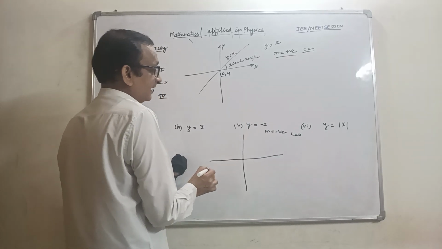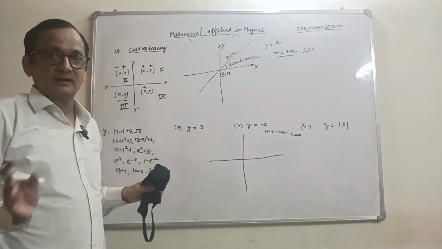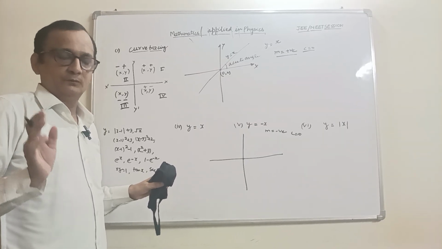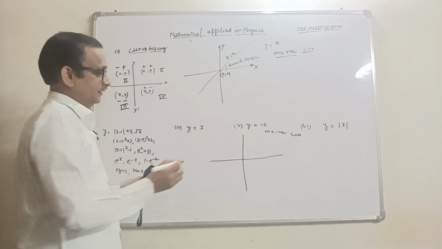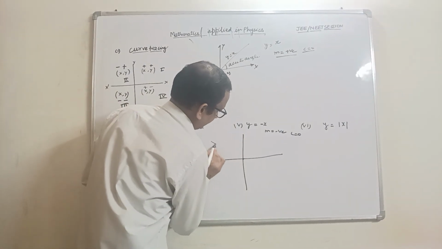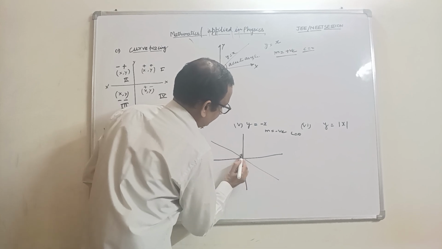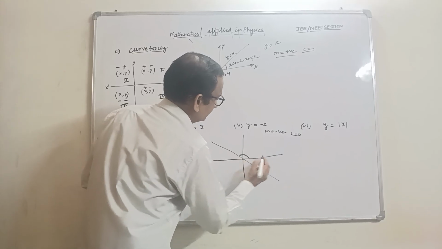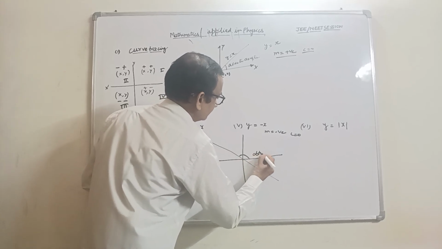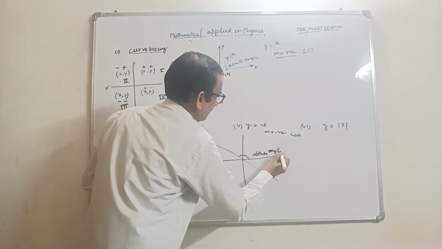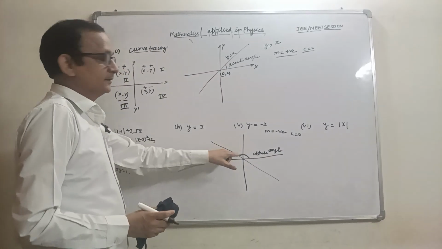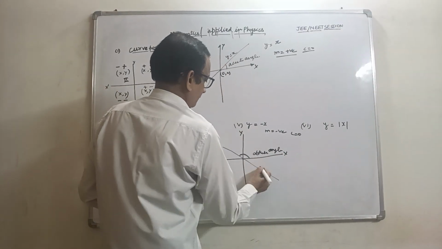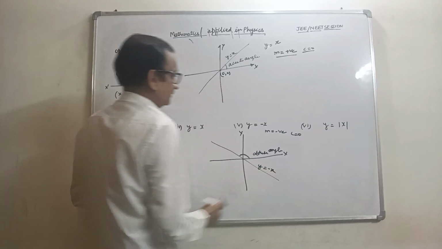We know that for a negative slope, the angle made with the x-axis will be obtuse, more than 90 degrees. So this is the line y is equal to minus x.